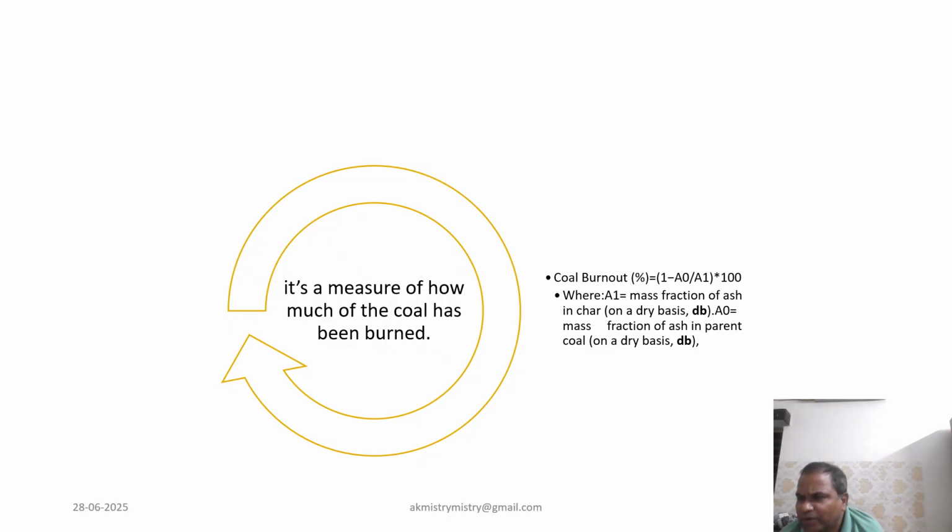We focus on ash in char, a critical aspect of coal burnout. Char is the residue left after coal burns, and its ash content is measured on a dry basis. That we have to always remember, because dry and wet conditions many times confuse us.